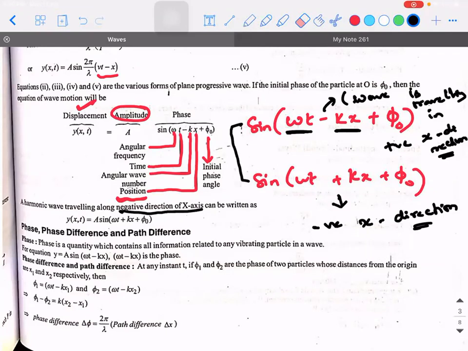As of now, accept this equation. Are these two things clear, guys? Clear, sir. Okay.